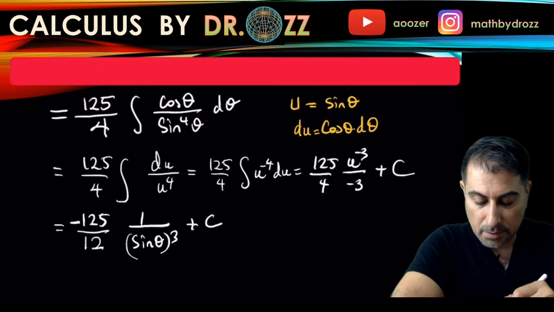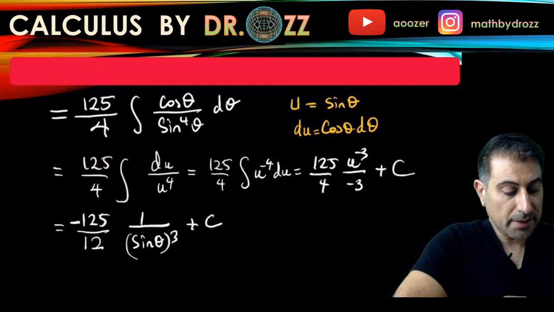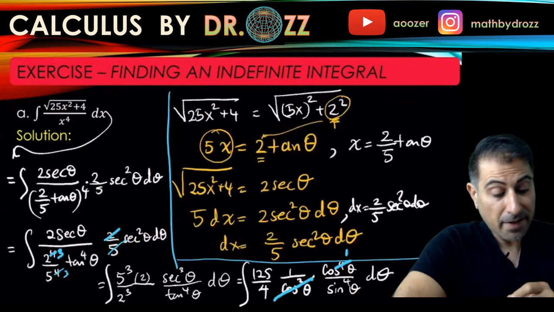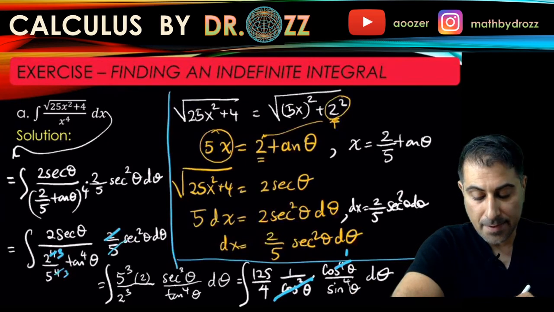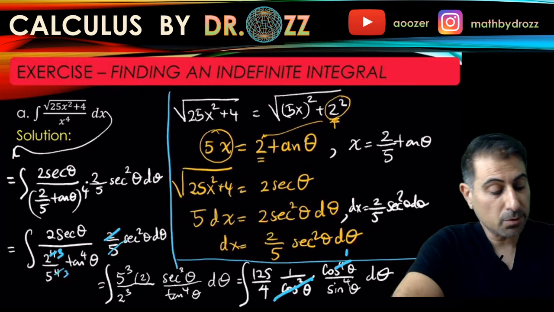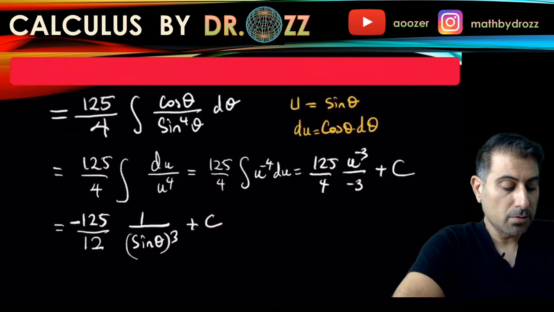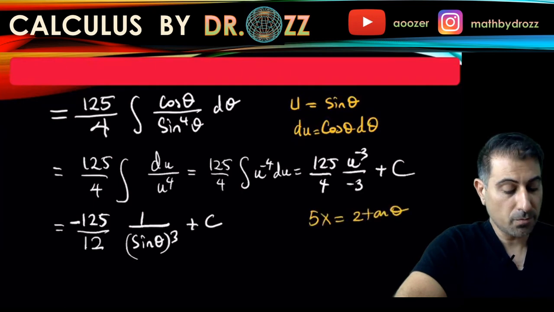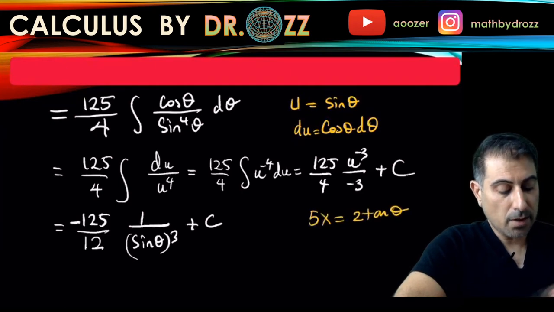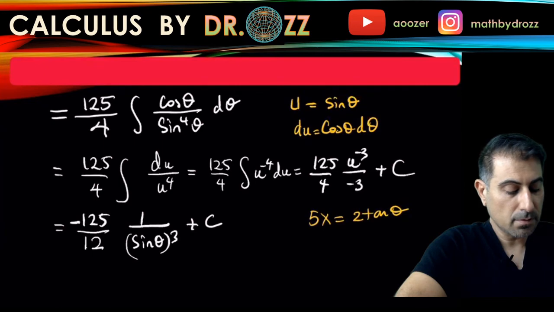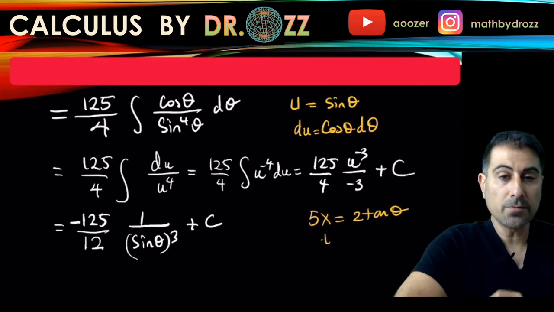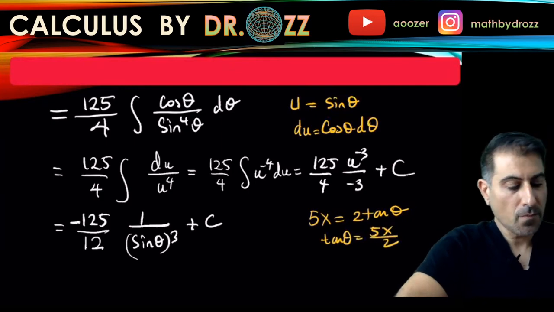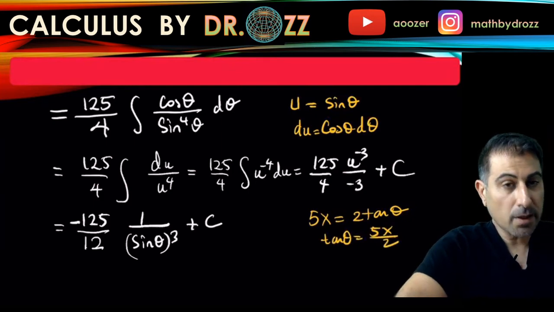So let's go back to the transformation here. I have tan 5x equals 2 tan theta. I need a triangle. In other words, tan theta is 5x over 2. Let me just put that triangle right here.